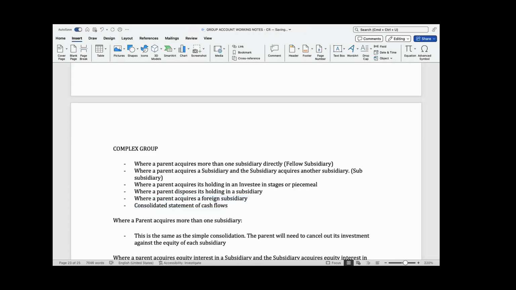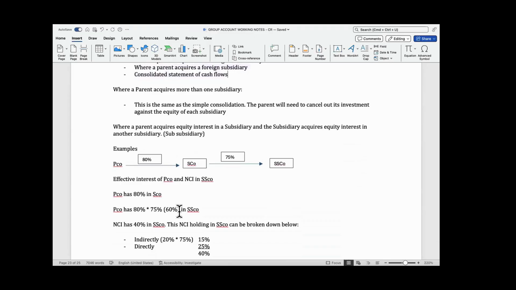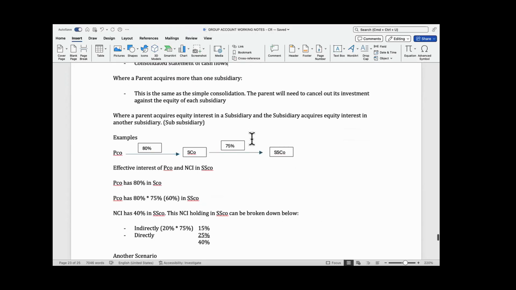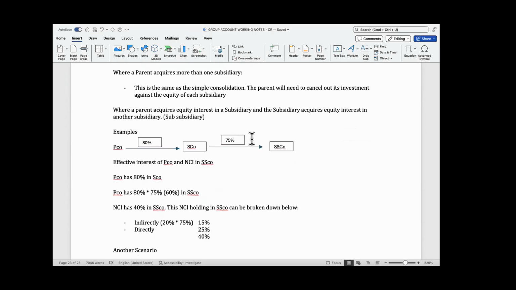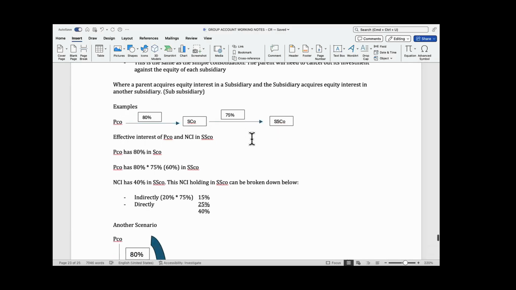So today, we're looking at where a parent acquires equity interests in more than one subsidiary, or where a parent acquires equity interests in a subsidiary, and that same subsidiary acquires equity interest in another subsidiary, which is basically what we majorly find in exams.